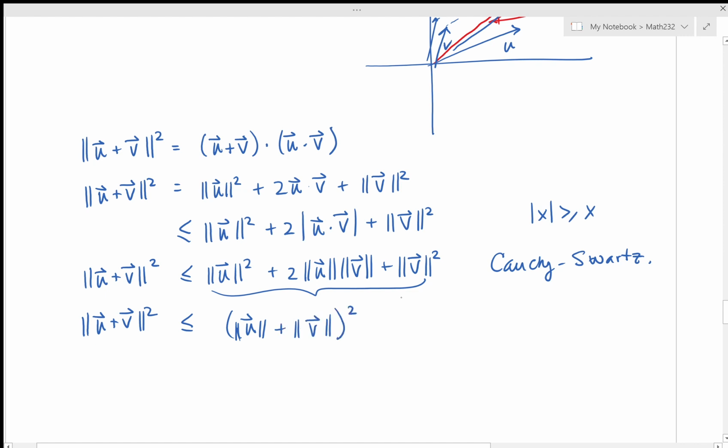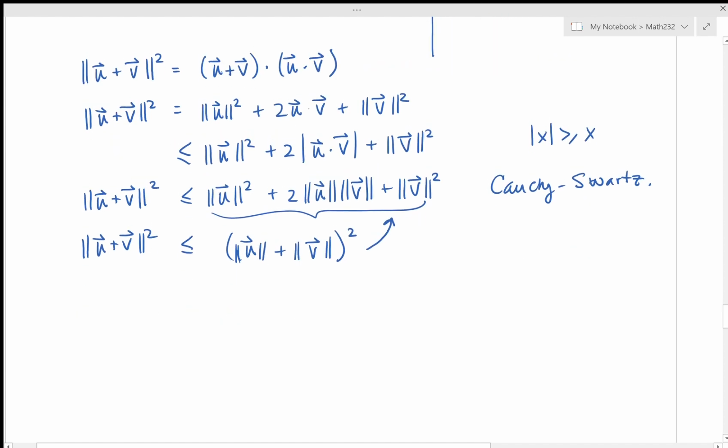So to go from here to here, I would just expand. Okay, so I am doing that. Then I can take the square root of both sides. And there we have it. The triangle inequality, as a consequence mostly of the Cauchy-Schwarz inequality.